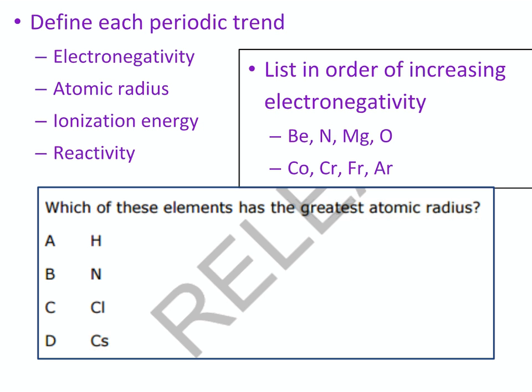From right to left across a period, and from top to bottom down a group. Who's the biggest in these answers? Cesium. How many energy levels does cesium have? 1, 2, 3, 4, 5, 6. So it's got 6 rings around it. It's very large compared to these other ones, which are smaller, in the corner, and have quite a large nuclear charge.